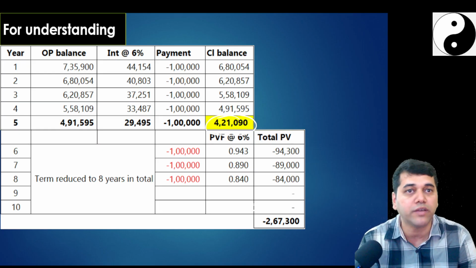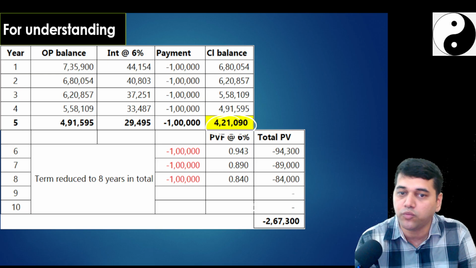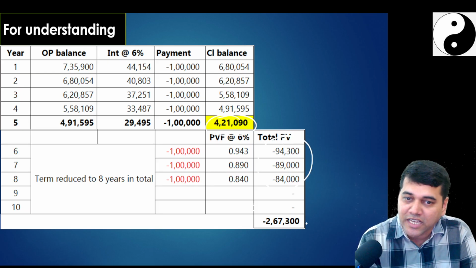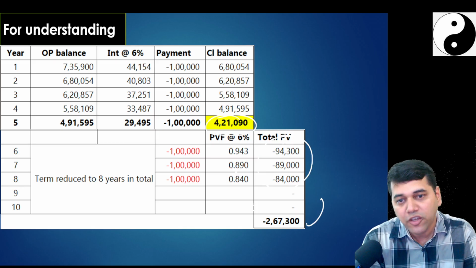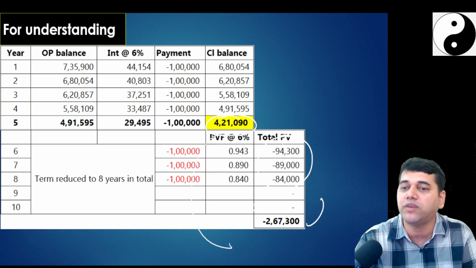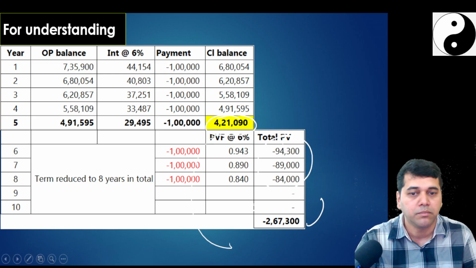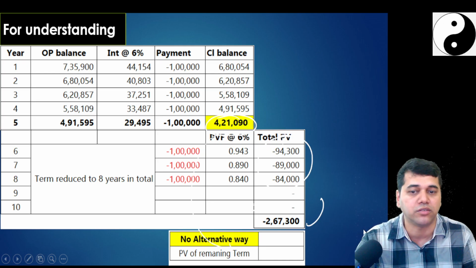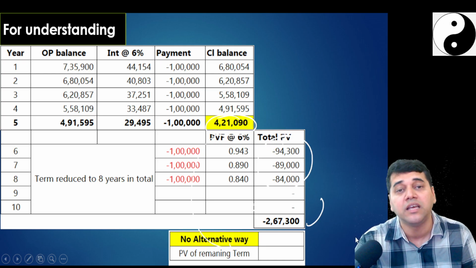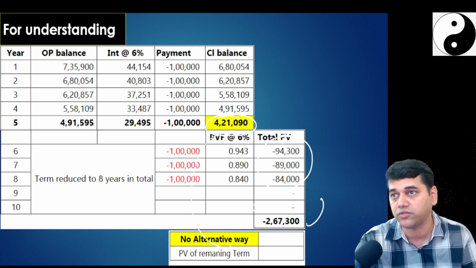There were two ways to calculate. One, the present value of the future cash flows will give me exactly 4,20,000 into 40% or 50%. But here I cannot do that calculation.